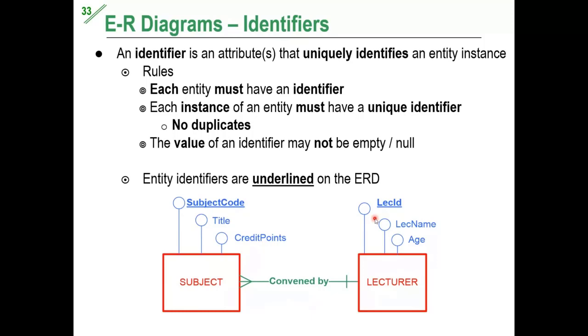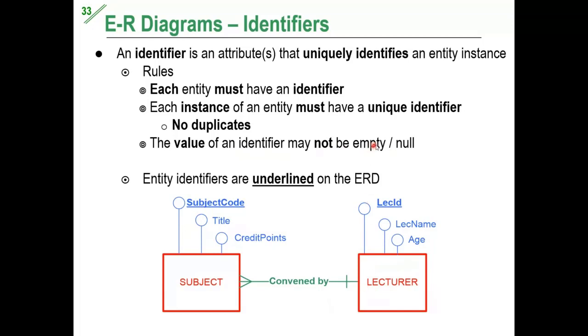The other important thing, which I will come to a little later, is that the identifier or primary key may not be empty. The technical word for that is null. We can't have any null or empty values in primary keys.